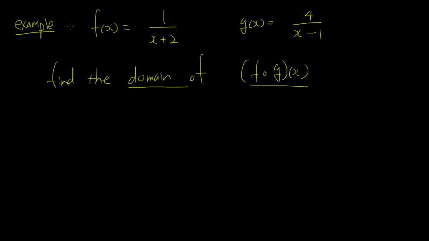Now, in order to attempt this, we should know how to do this, and we should also understand what domain means. Now, what's domain though? You can find the proper definition, but the concept that I want you to understand is possible input value.